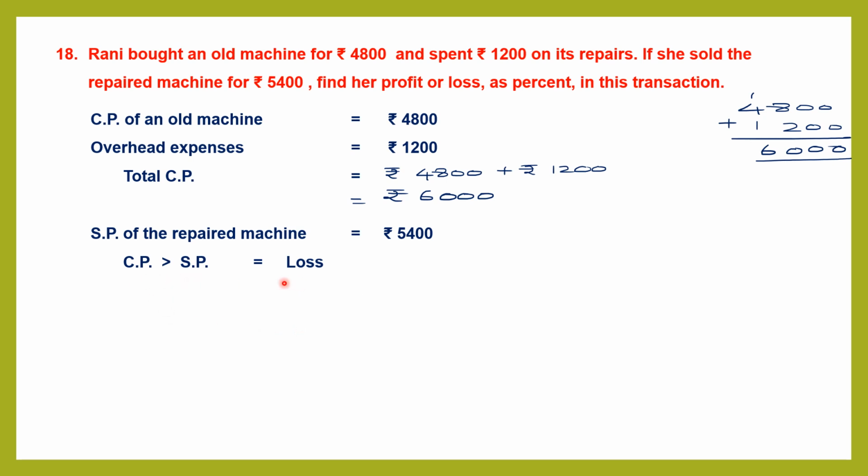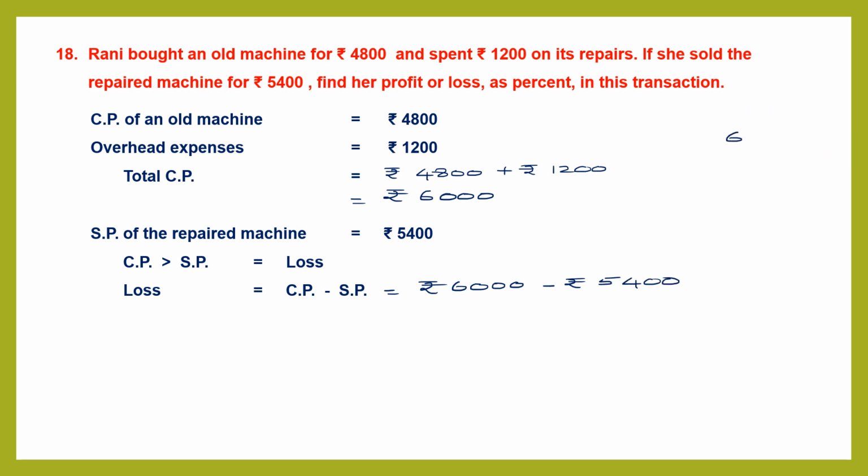Now let's find how much that loss is by saying loss is cost price minus selling price. The cost price is 6,000 rupees and the selling price is 5,400 rupees. So now let's subtract 5,400 from 6,000.